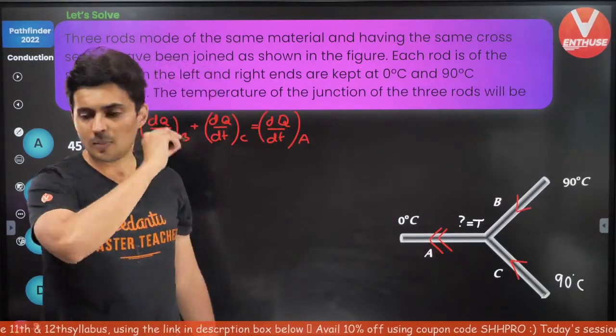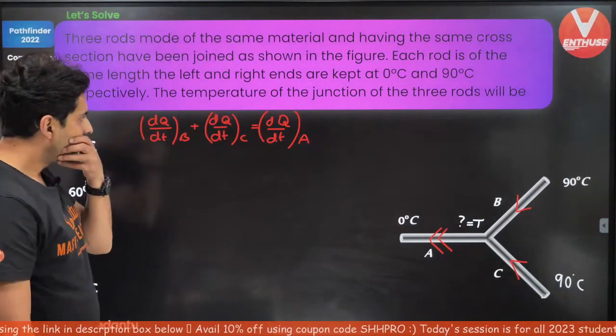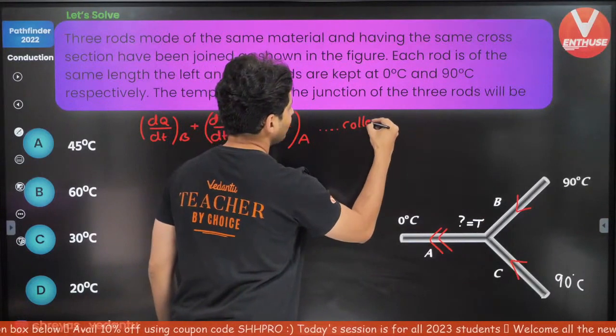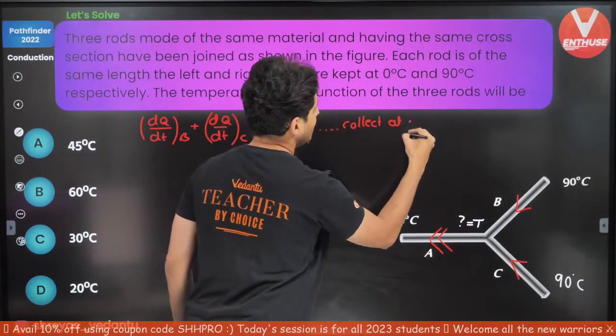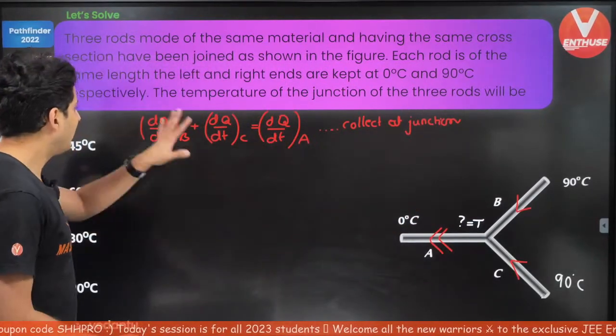Think about it. Perfecto. Now let's start solving this. This is just because they get accumulated. They collect at the junction. That's it. Now let's solve this.